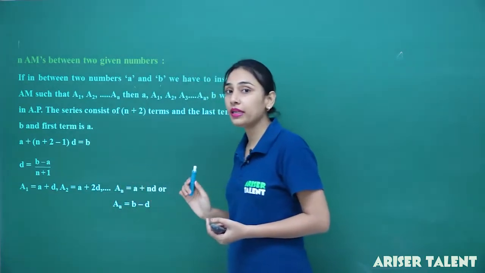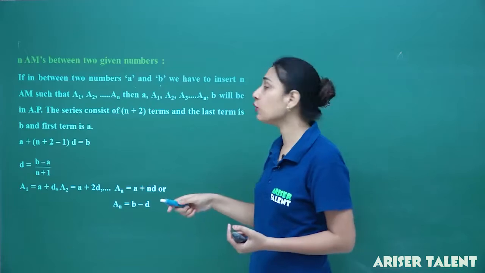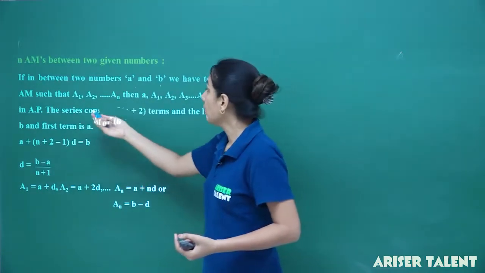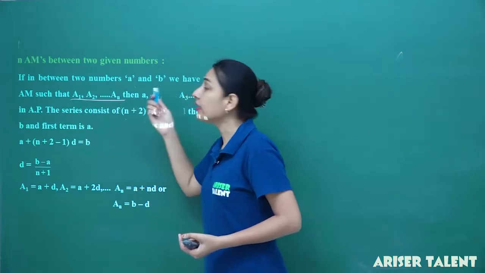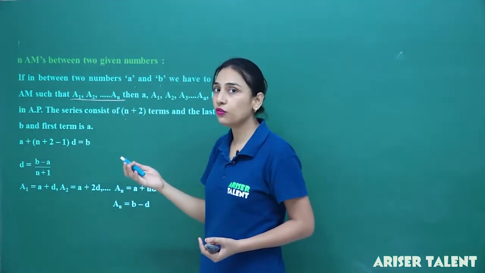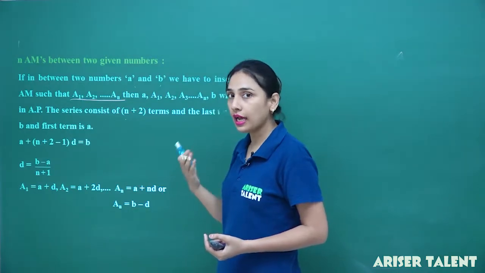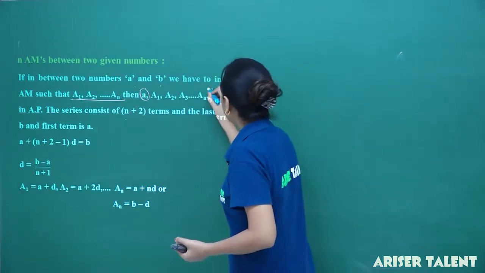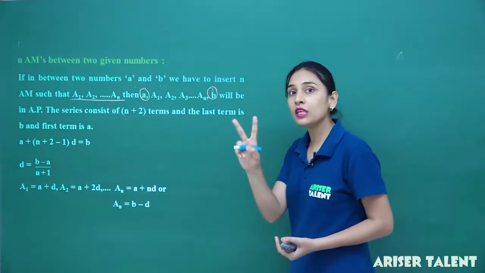Now this is in AP, that means the total number of terms will be n plus 2. How? These are all n: 1, 2, 3 till n, so the number of terms will obviously be small n. Now in addition you are having a and b, so two terms in addition.